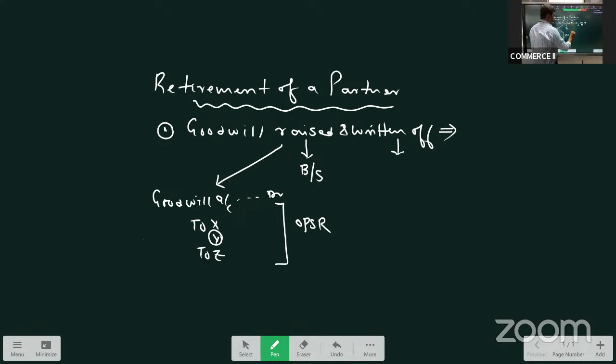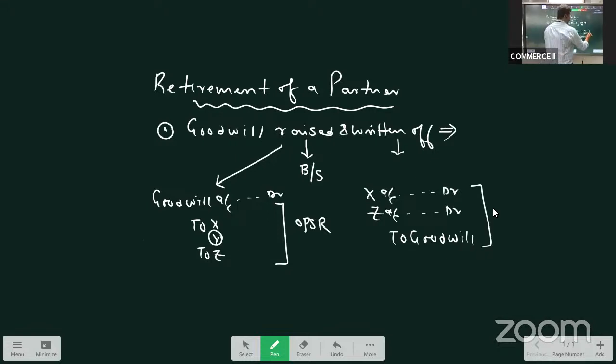Then to write off the goodwill, we will debit the continuing partners: X account debit, Z account debit to goodwill account. This will be done in the new profit sharing ratio.